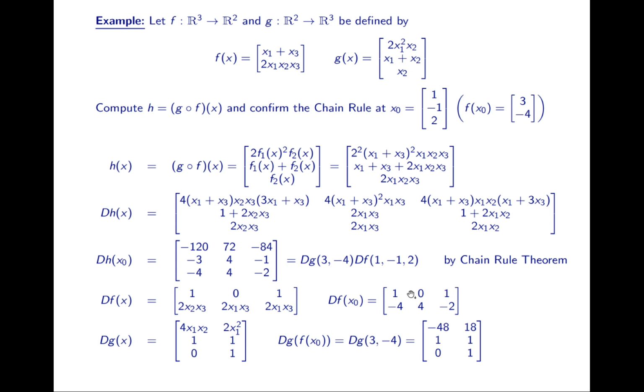Now, if I multiply this by this on the right, I get that. And I would encourage you to check that that's right. It is right, by the way. You should check, though. So this matrix times this on the right equals this.